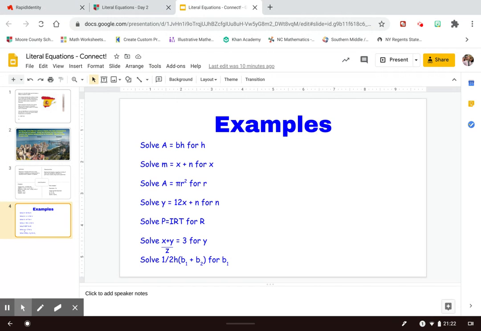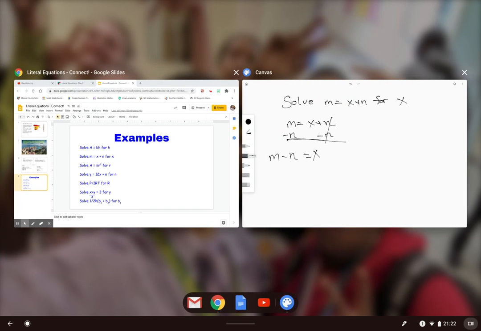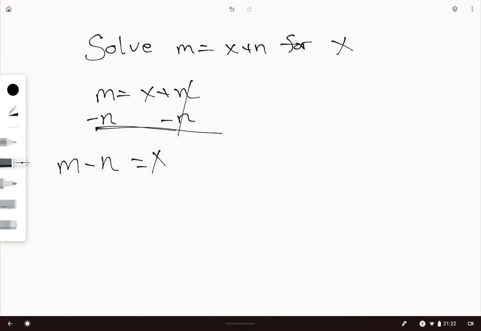All right, so the next one is to solve A equals pi r squared for r. All right, so when you see something like this that involves an exponent, what you need to remember is what is the inverse operation of an exponent.